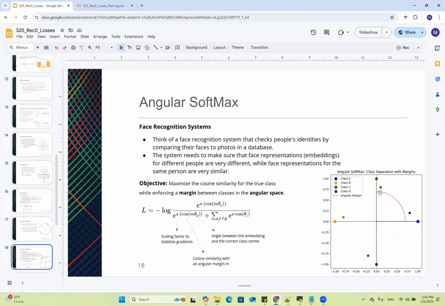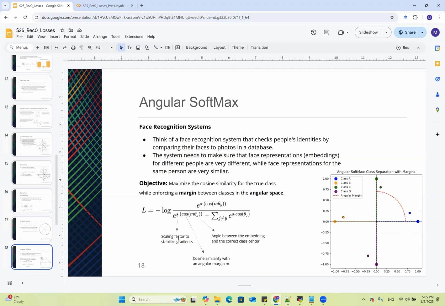So the objective is to maximize the cosine similarity for the true class while enforcing a margin between classes in an angular space.